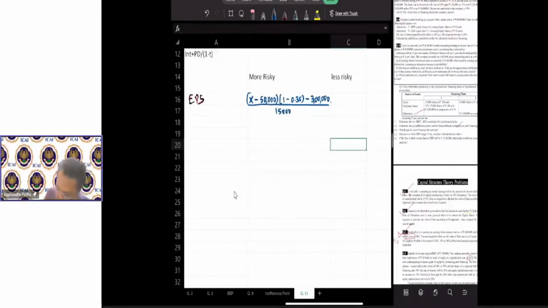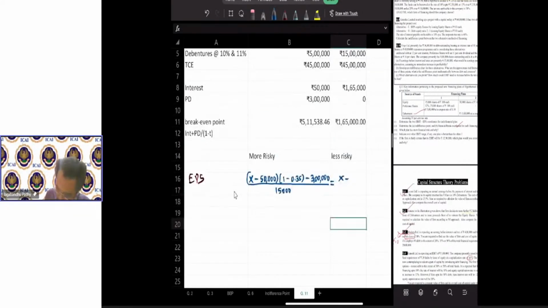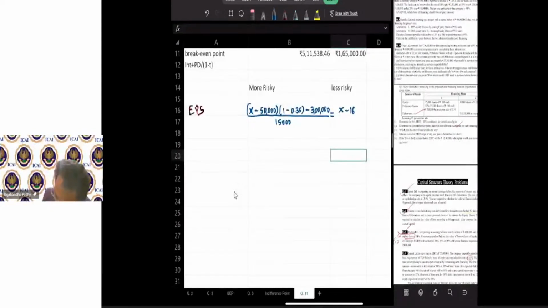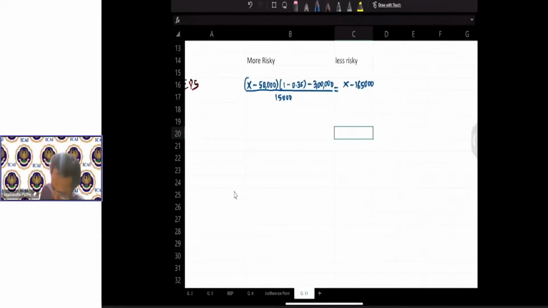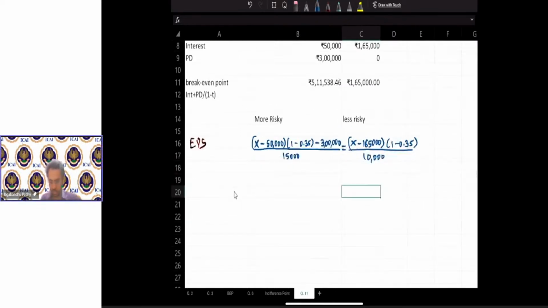And this is equal to the other side's EPS, which will be X minus the interest of 1,65,000, into 1 minus 0.35, which is 1 minus the tax rate. There's no preference dividend over here. Then we divide this by 10,000 shares. So you can get the value of X by simply equating both of them.